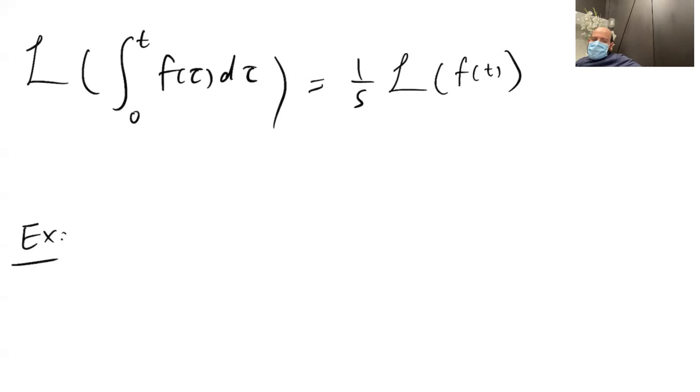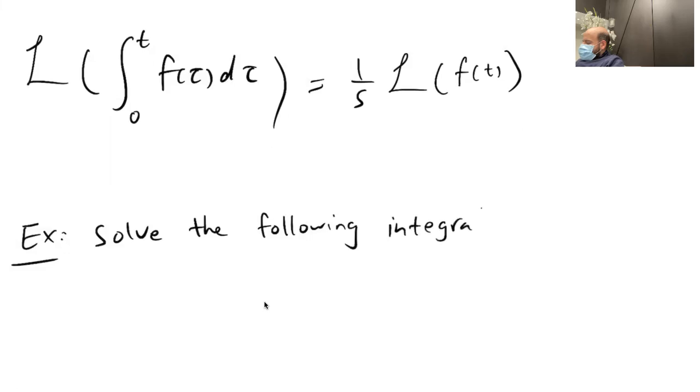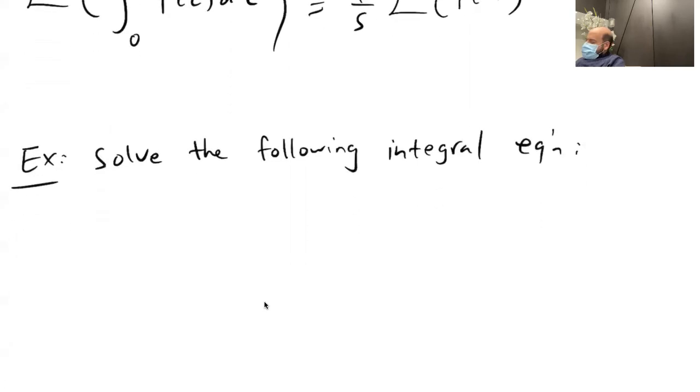Example: solve the following integral equation. So the equation is t squared equals the integral from 0 to t of e to the power tau times x of tau d tau.